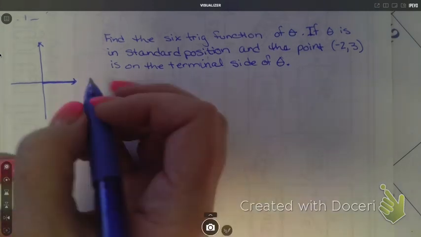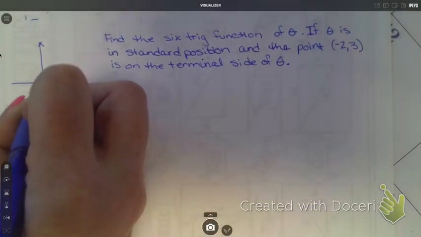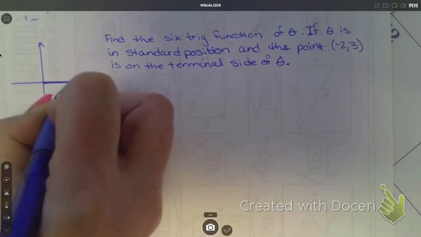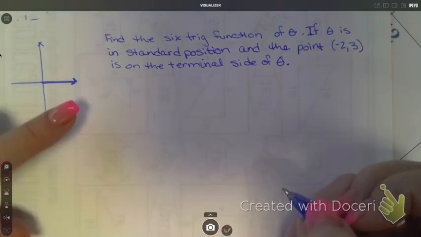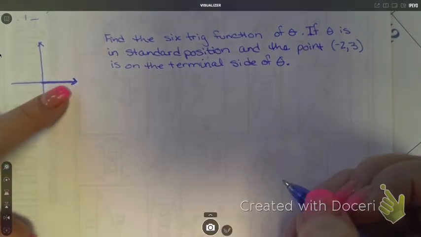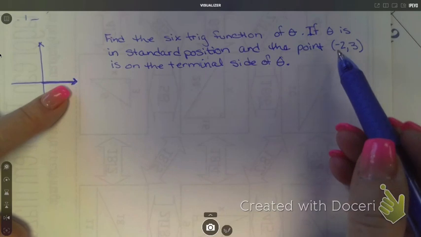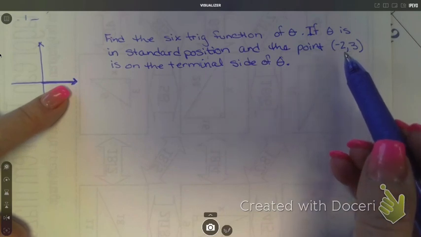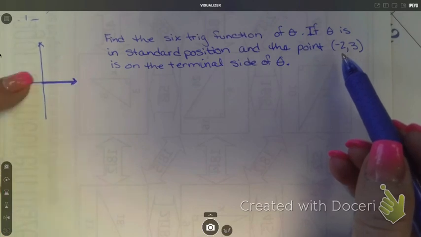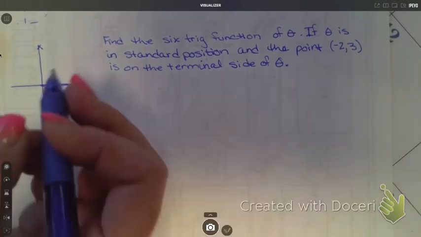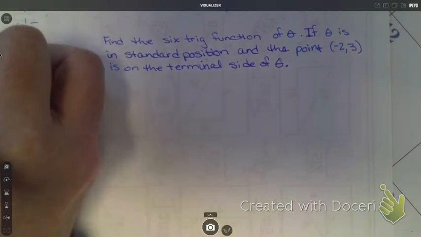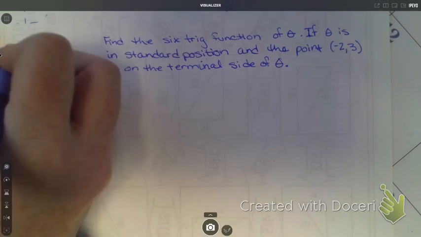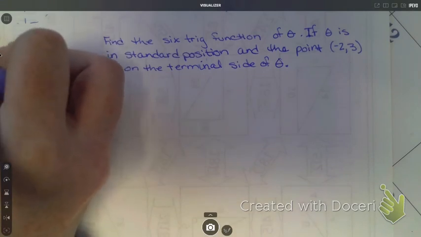Standard position means I start on the positive x-axis. You're going to need to draw things. Where is -2, 3? It's in the second quadrant, so it's somewhere over here, and there's this point, -2, 3.